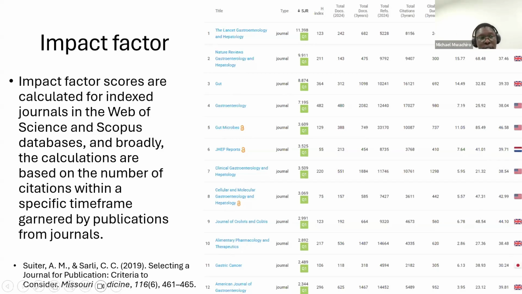So you can decide, well, I want my paper to go into a high impact factor journal, for example the American Journal of Gastroenterology, but getting in there might be a little bit tougher than getting it into a local journal. But if you do get it in there, then you might be cited more. And you can see here, they've even told you which ones are open access and which ones are subscription.